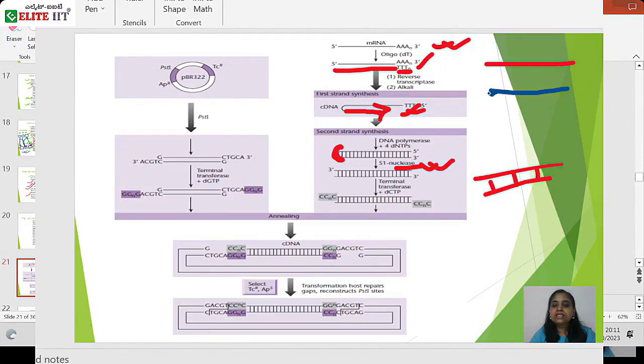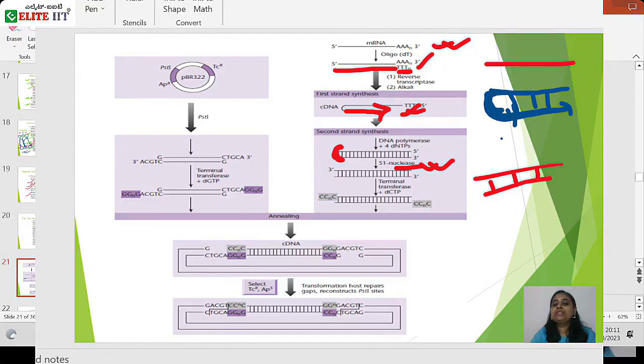Now the single stranded DNA will have one loop at the 5' end, and this loop will continue to make the double strand by the polymerase enzyme. So you will get this type of loop formation.